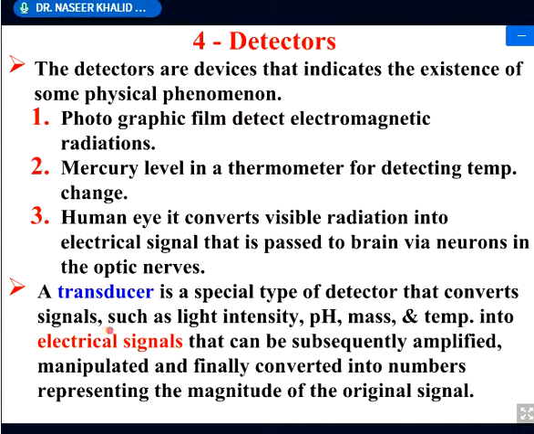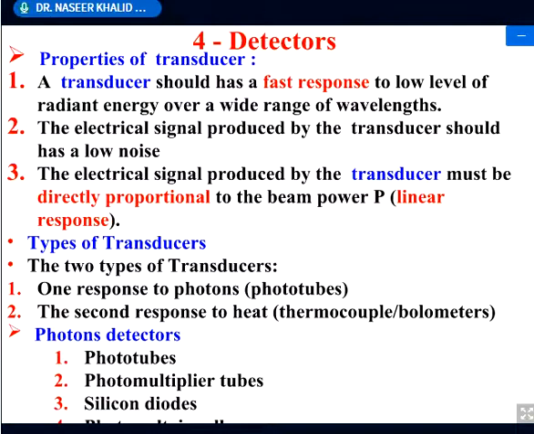Transducers are special materials which convert signals such as light intensity, pH, mass, temperature into an electrical signal, which is subsequently amplified and then converted into a number, and it tells us whether it is high, it is low, it is in between, it is up to standard, it is not up to standard. So this is directly proportional to the original signal.